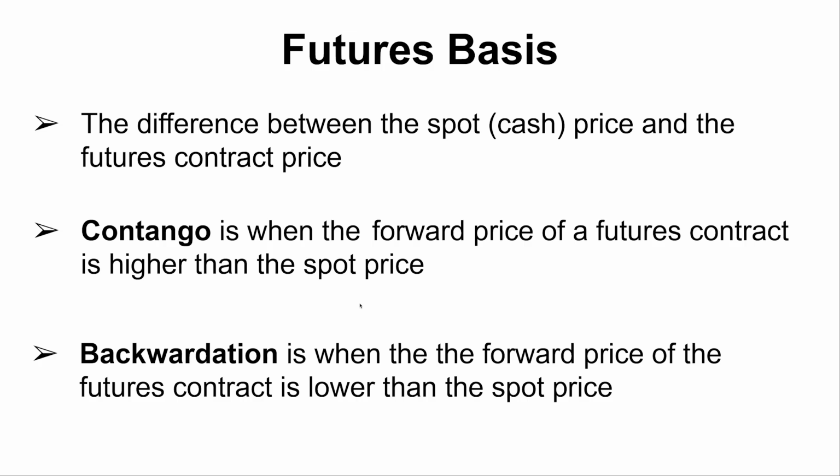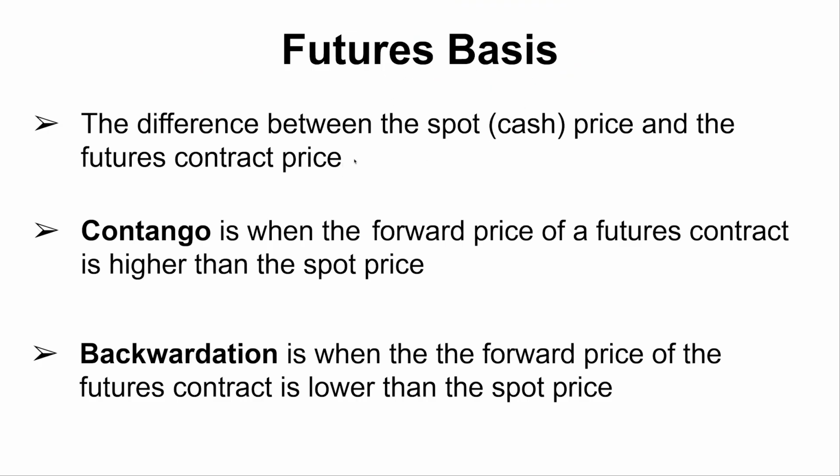If you recall, in the financial instruments section we talked a bit about futures and what they are. So we know there's a spot market or a cash market, and we know there's a futures market. This is a form of derivative that allows us to speculate or hedge on the future price of that asset. The difference between the spot price and the futures contract price is the futures basis.